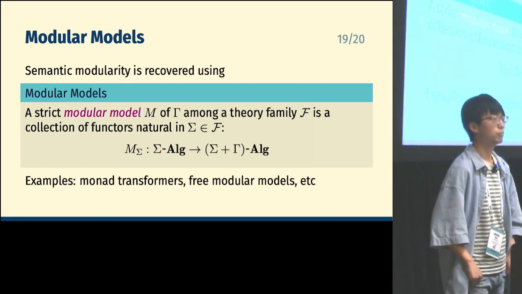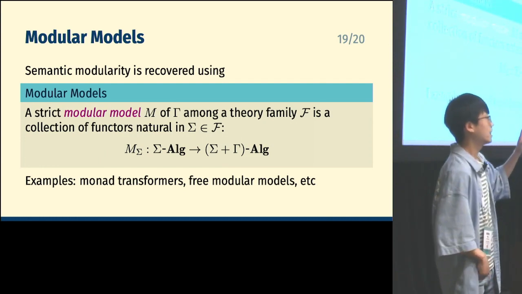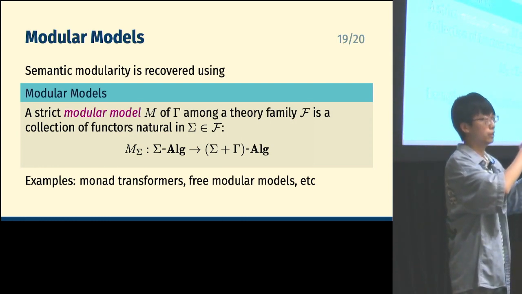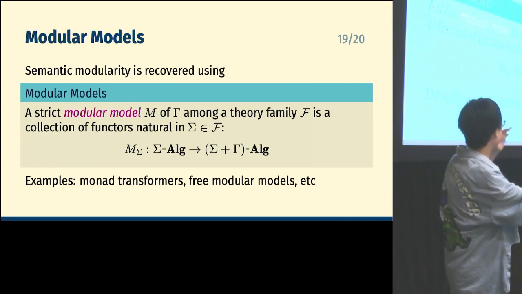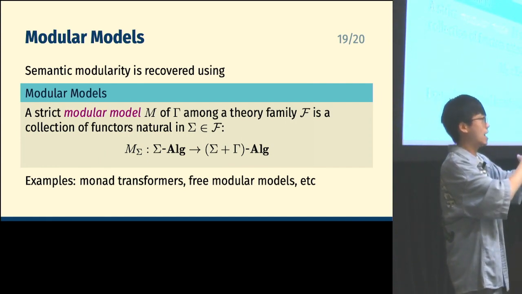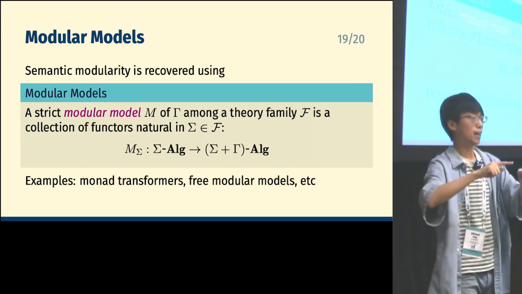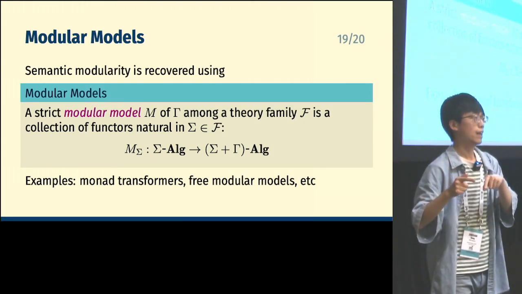So could parallel composition and sequential composition be part of sigma? Yes. So sigma here, for example, gamma here can be in particular the theory of parallel composition, and a modular model, which we do have one for this theory, then sends every monad, for example, equipped with some operation, to a new monad equipped with parallel composition and the old operations.